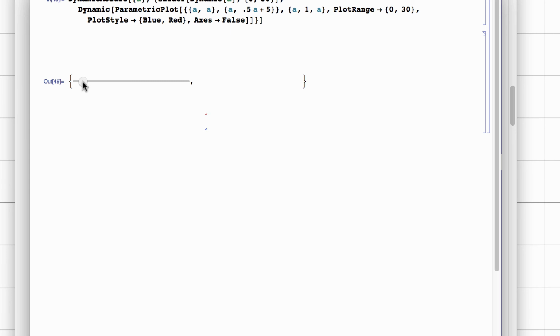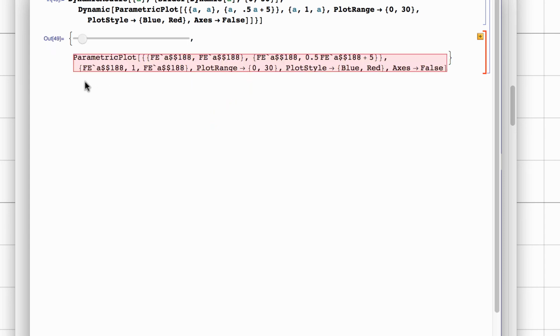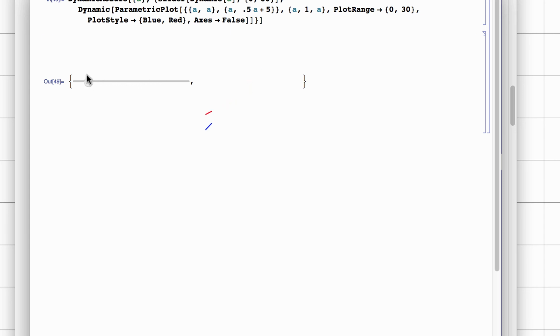Again, right here, let me make this a little bigger. So as I slide this, imagine this is a position time graph. You can't see the axes. That's because I didn't want to look at numbers. As time goes forward, at some point, right there at 5 seconds, blue passes red, and then time goes ever onward.